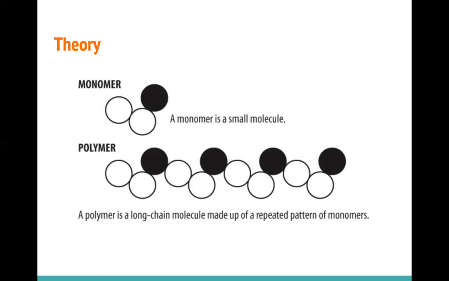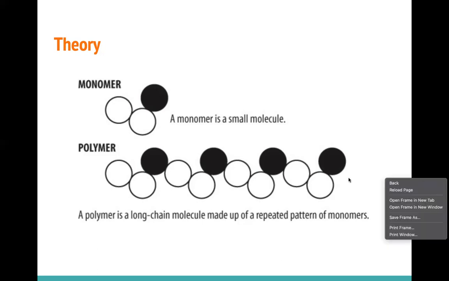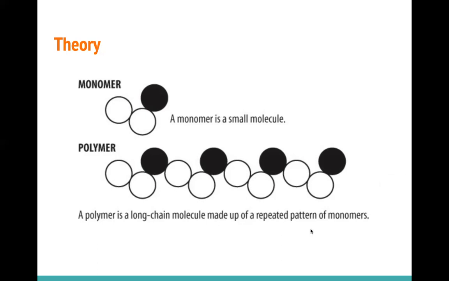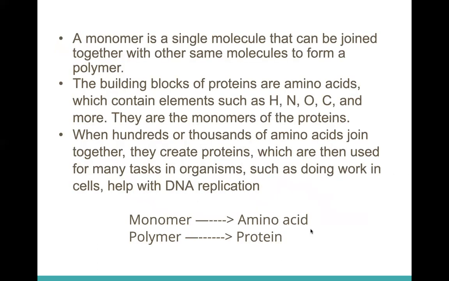For example, here there are four repeated patterns of monomer containing white and black circles. So a monomer is a single molecule that can be joined together with other same molecules to form a polymer.